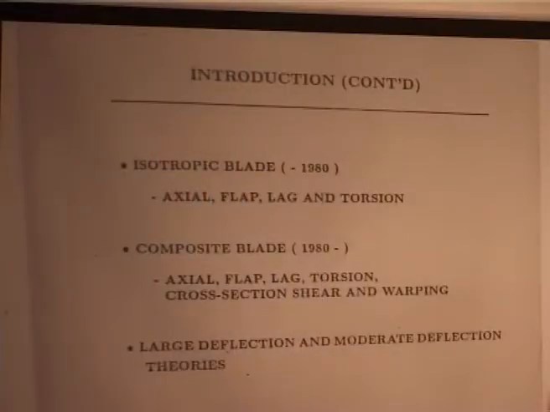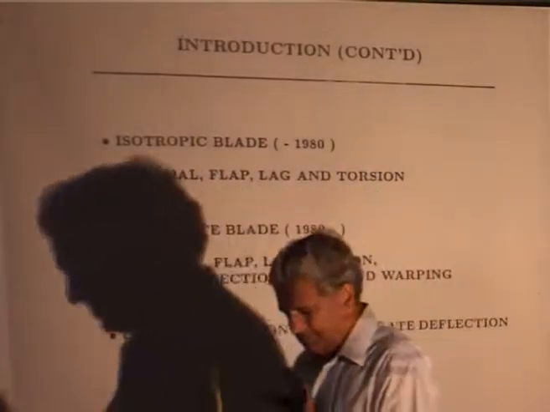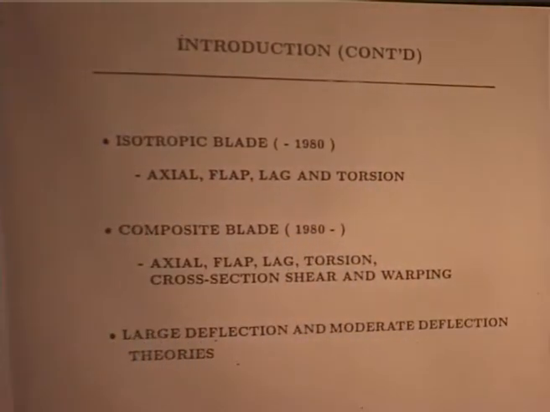Now, just to give you a brief history, the real formulation of the isotropic blade started in the 1950s. Houbolt and Brooks wrote the first paper on axial, flap bending, lag bending, and torsion. There were a few mistakes.